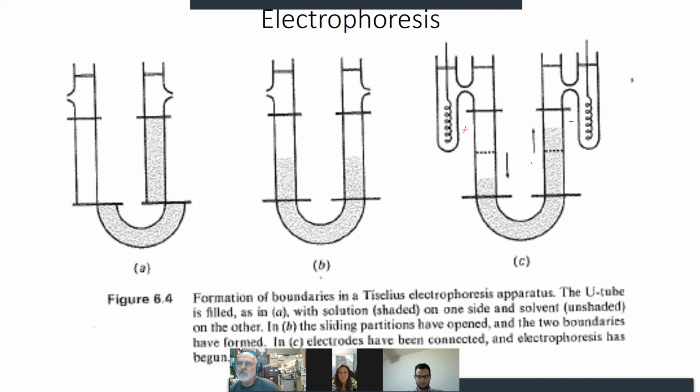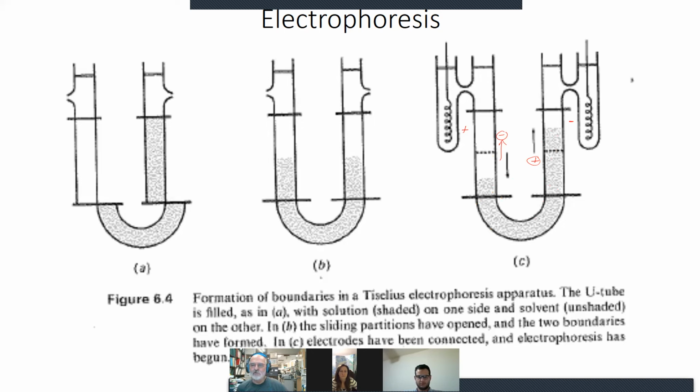But the migration would be the positive ions going this way, and then you would necessarily have negative ions going this way, or macromolecules going this way, but it would also apply to the free salt. And so you would end up having two boundaries. And the way it's often described is ascending and descending, because you have stuff that's going up one side of the tube, but it's also going down at the same time.